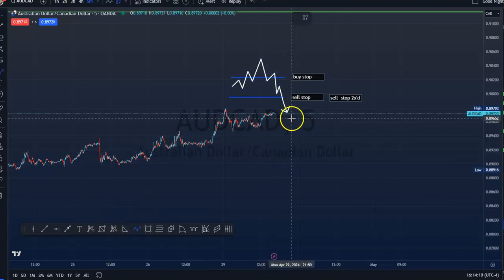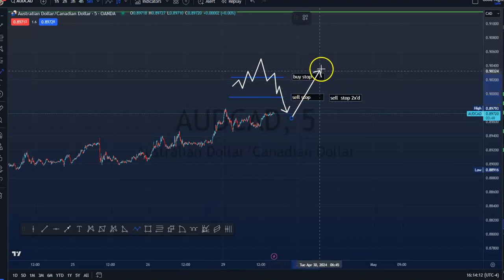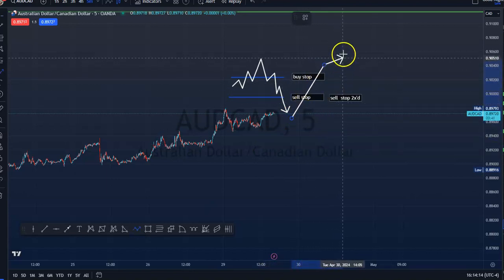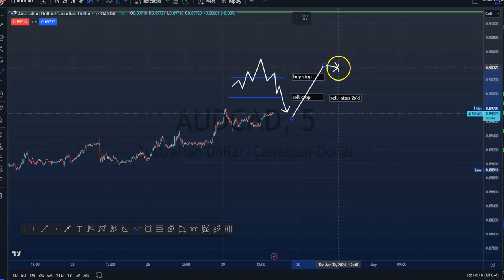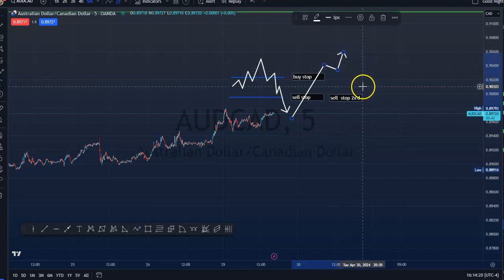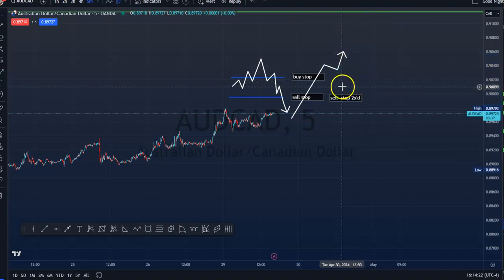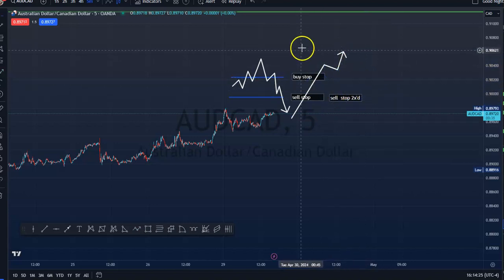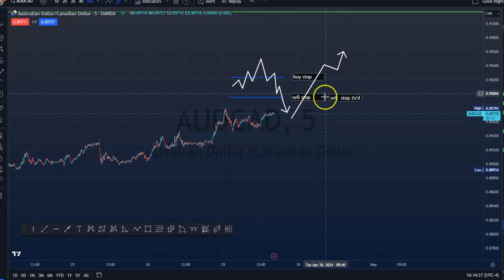But then, what if it turns around again, right? And does one of those. What if it does that? Now you have this one open, that one open. It's 2x.